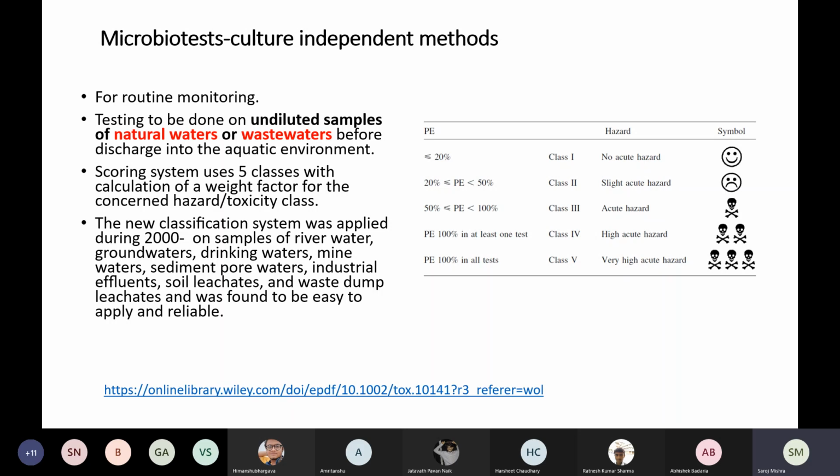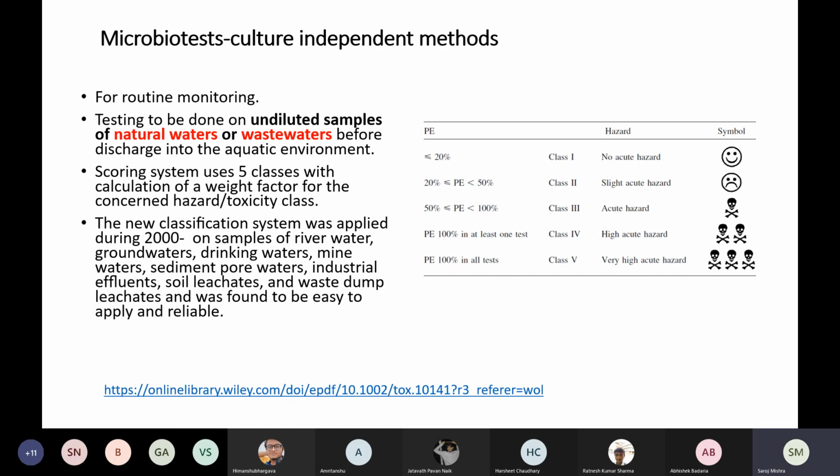So what you are going to do is make dilutions of that water body. You will make 1 to 10, 1 to 20, 1 to 50, 1 to 100 dilutions, and you will see what is the dilution at 50% response. And that dilution is taken to determine a value which is called the toxicity unit, or TU. So in the wastewater sample, the response will not be PE, but the PE numbers are translated into TU numbers, toxicity units.